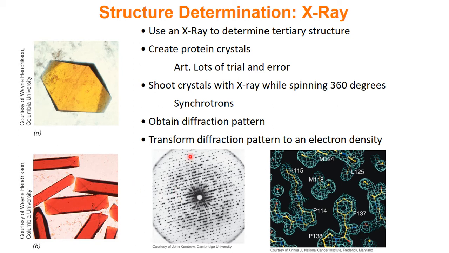So you take your diffraction pattern, and you reverse engineer it to determine, okay, based on this deflection pattern, where were the atoms in my crystal? And that's what is electron density. So these spheres, these grids, are showing you where electrons are. And if you remember from basic chemistry, electrons are around atoms, so it tells you where your atoms and where your proteins are.